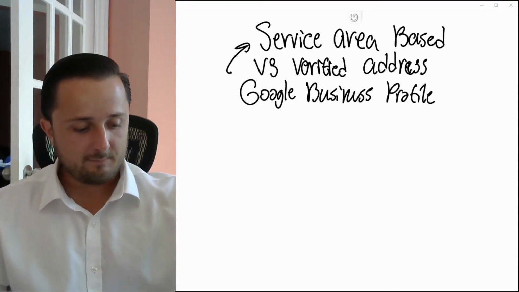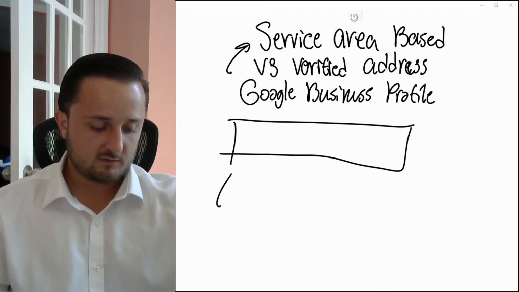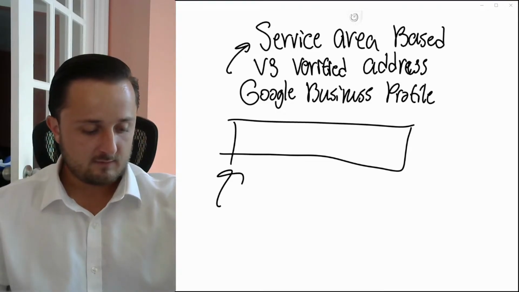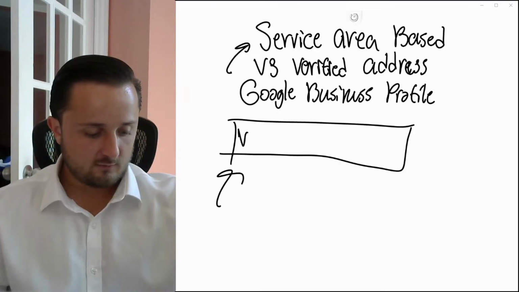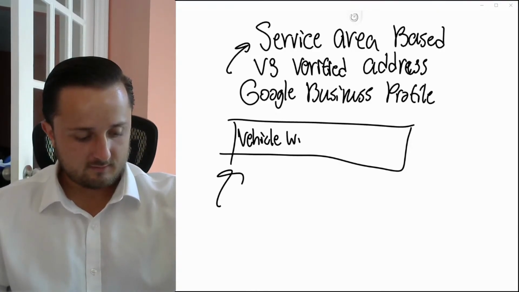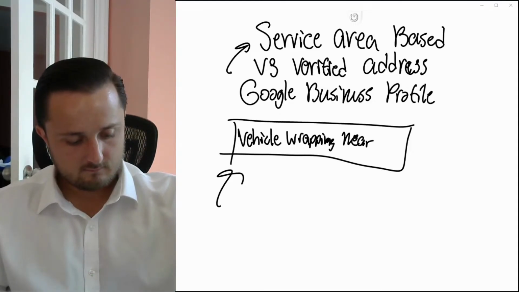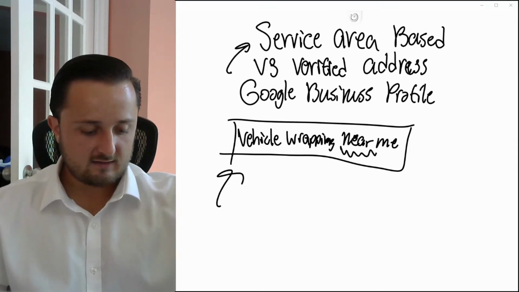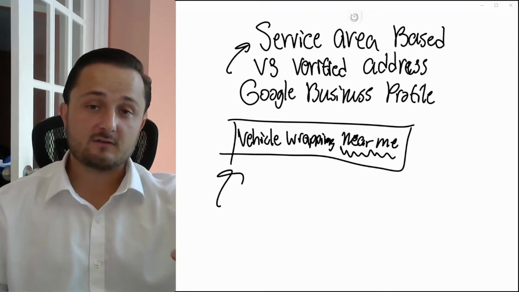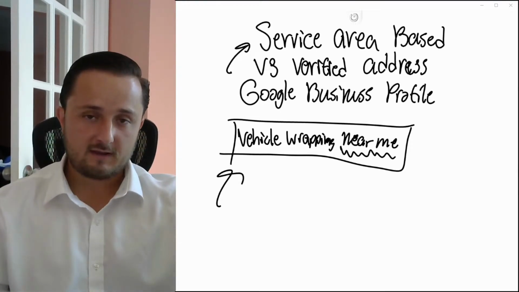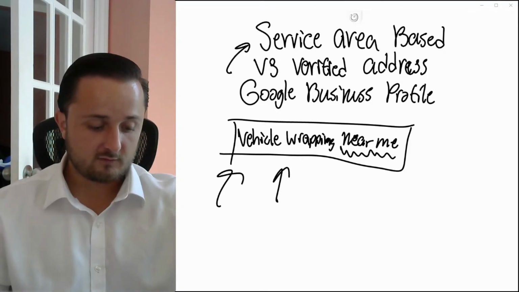What happens when you're a service area based profile is whenever someone goes into Google, this is Google's little search box, and they type anything relational to your services, like vehicle wrapping near me, especially when they add this little near me towards the end of the search term, it is going to severely impact how you rank in search for when people are searching for your services or products.